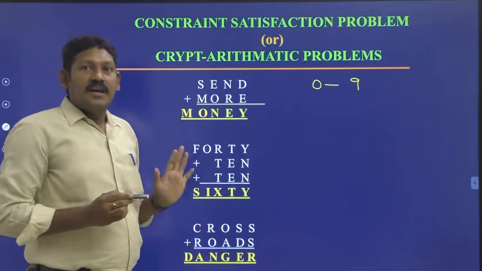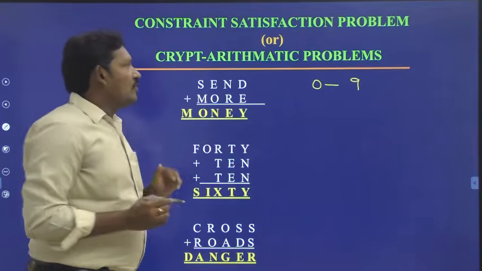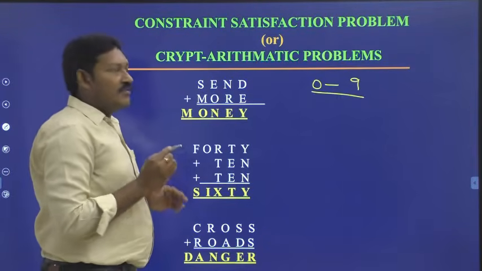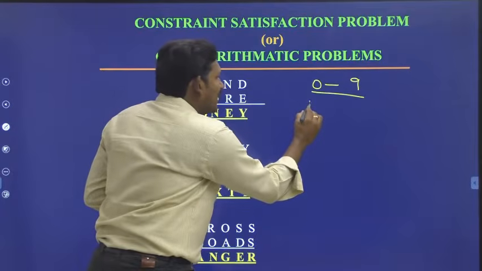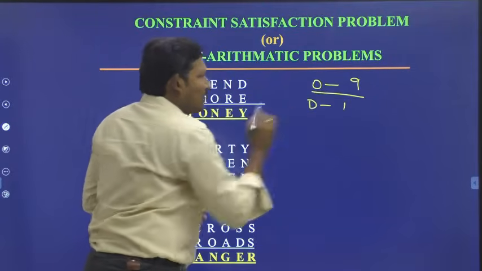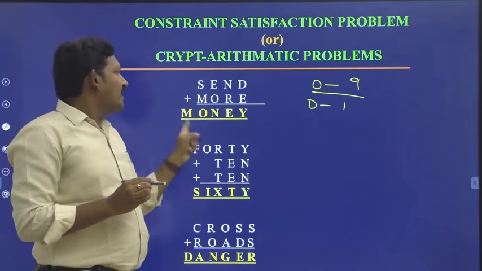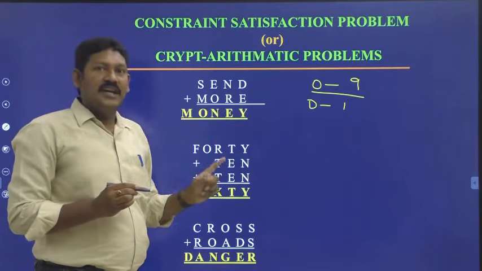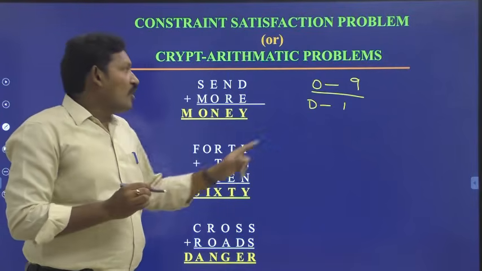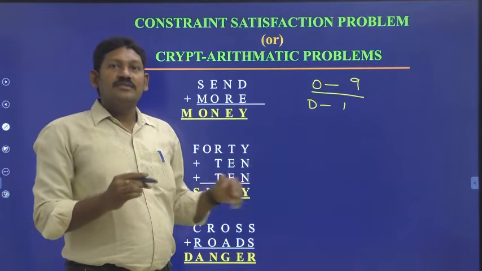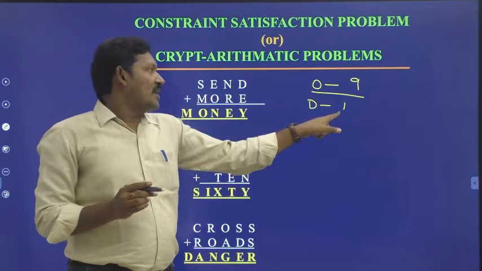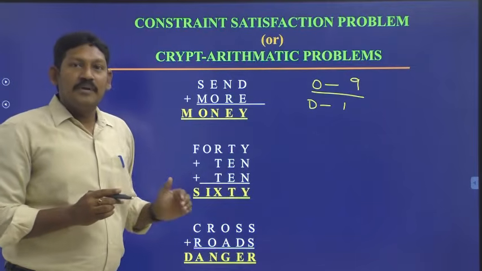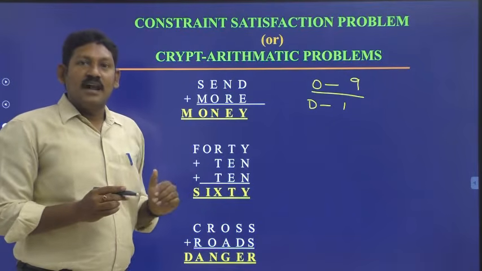Suppose for D we assign 1, wherever we get D throughout this expression, its value should be 1. And 1 should not be allotted to some other letter because 1 is already assigned to D. So, we should not repeat the same number for any other alphabet.